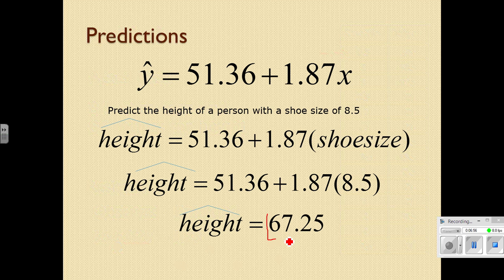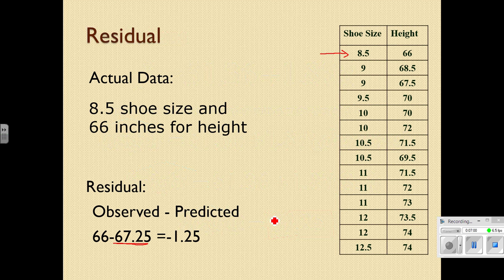So there's our predicted height, but we have an actual observed height. When I do observed minus predicted, I realize this person is actually just more than an inch below what is predicted. So the residual here for this particular individual is negative 1.25. They're about an inch below the predicted value.